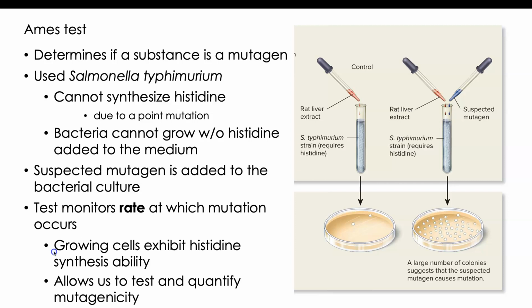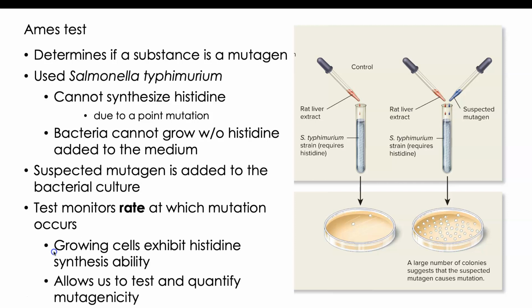Those are the ones that, because of their exposure to the rat liver extract, were able, by random chance, to have a mutation that landed in the location of the histidine controlling gene, and that caused a point mutation that led to them being able to produce histidine.